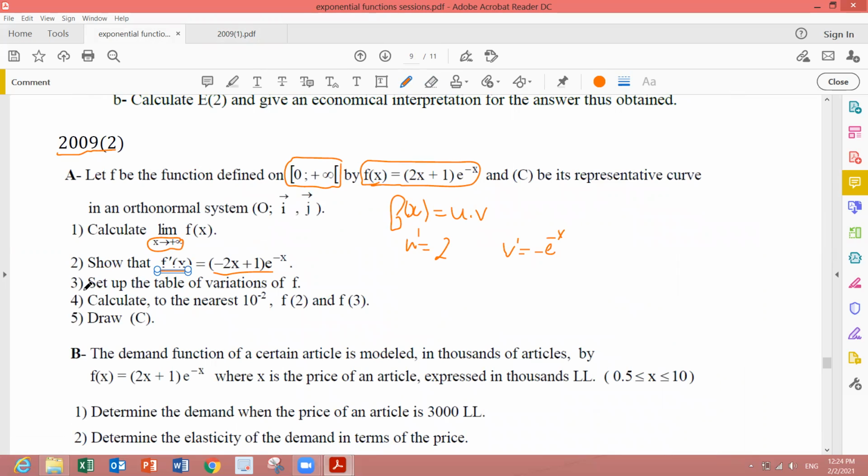Now part 3: set up the table of variations of f. Before doing the table of variations, we have to study the sign of f prime. E to the minus x is positive, so we study the sign of minus 2x plus 1.